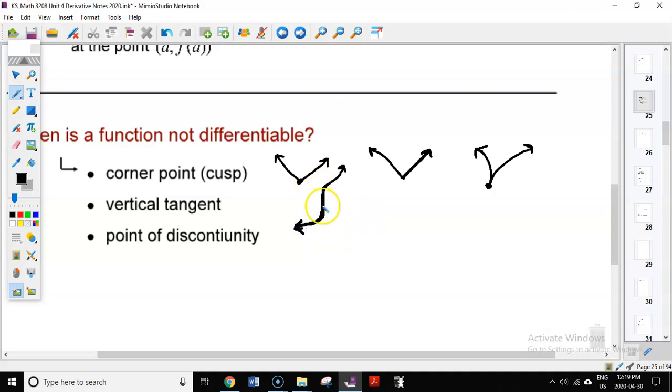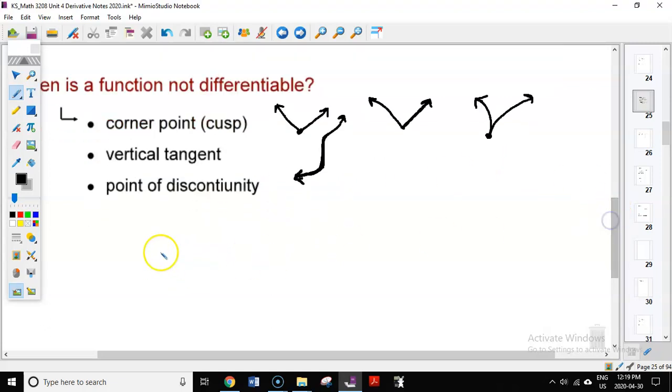But if this shows up, if it's vertical, then it's not differentiable because you can't get the slope of a vertical line. And then points of discontinuity are the ones we're most familiar with. So that would be your POD, your jump, or your vertical asymptote. All right, so those are the things we're looking at visually.